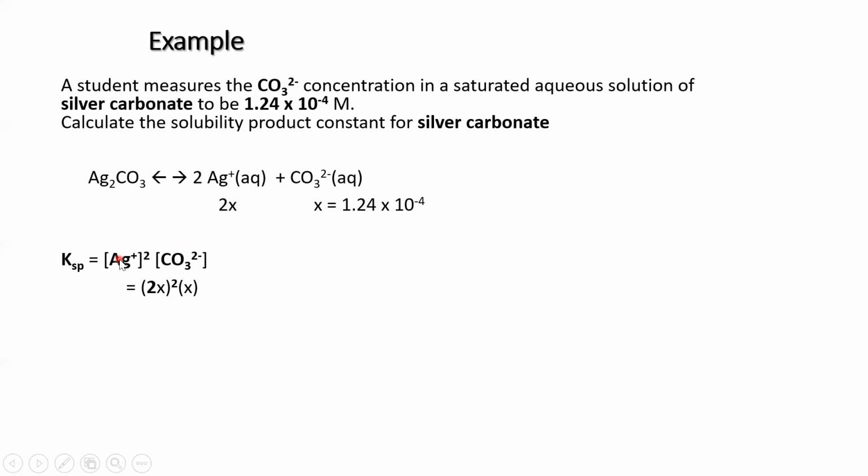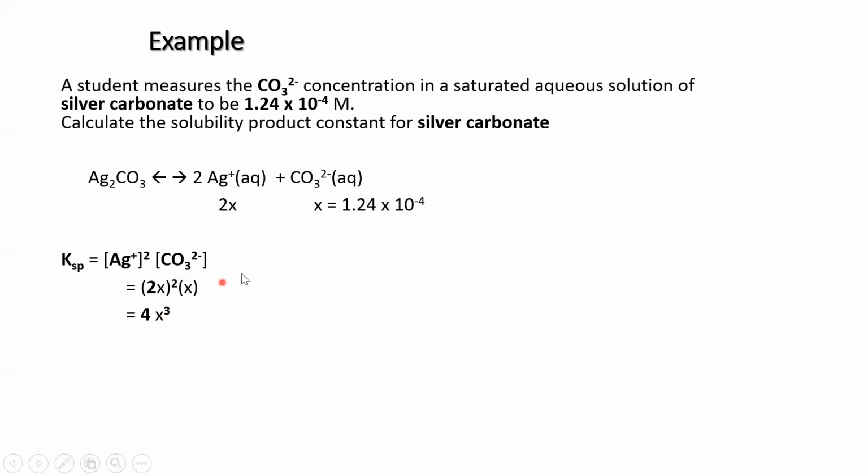So we get (2x) squared times x to the first. Now, (2x) squared, we're squaring the 2 and we're squaring the x. So this becomes 4x squared. 4x squared times x gives us 4x cubed.